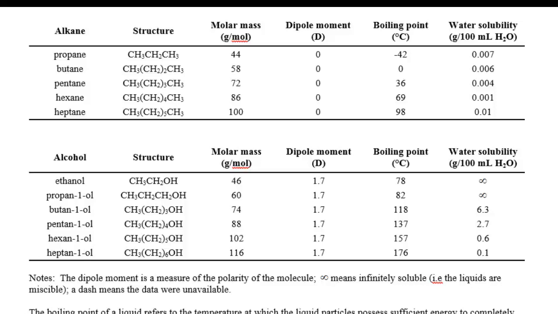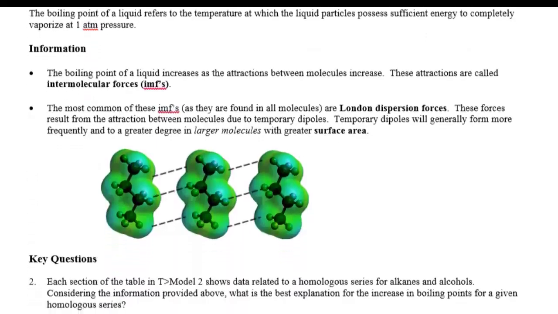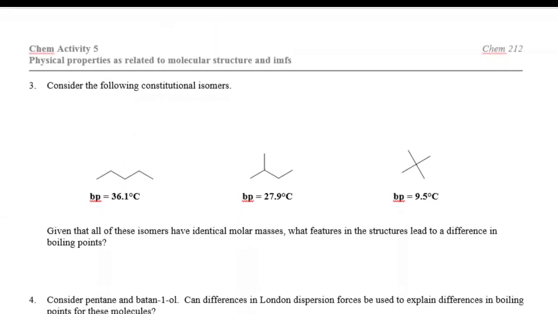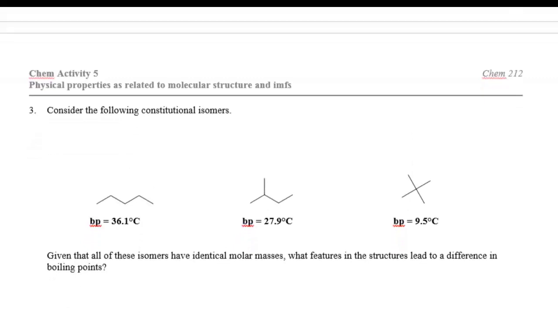To do this, let's look on page 22, where there's an interesting question about a series of molecules that are related by the fact that they are constitutional isomers. Now, later in the course, we'll review isomers, but I think you might be able to guess what we mean by constitutional isomers, in the sense that if you look closely, all of these molecules have 1, 2, 3, 4, 5 carbons and are hydrocarbons, and therefore they have the exact same molecular formula.